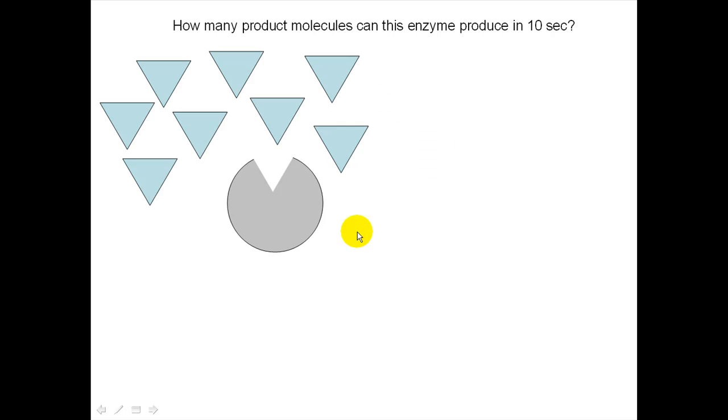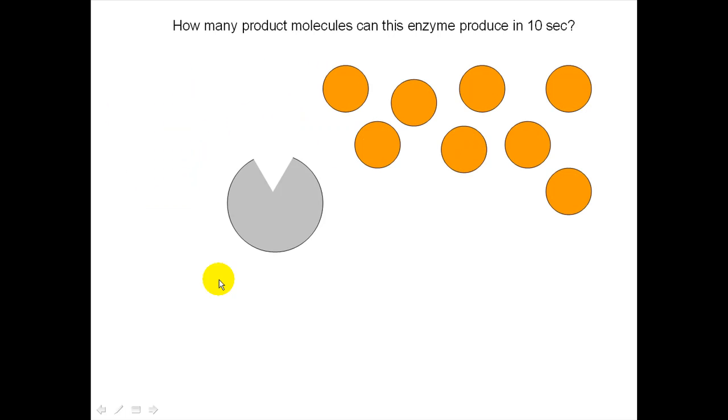Same thing, say that you up the amount of substrate even more to 8. It might be reasonable to think that this enzyme can turn all 8 of those substrates into products in a 10-second period. So in this case the reaction rate is 8 products produced per 10 seconds. Generally speaking, when you increase the amount of substrate, it should increase the reaction rate.